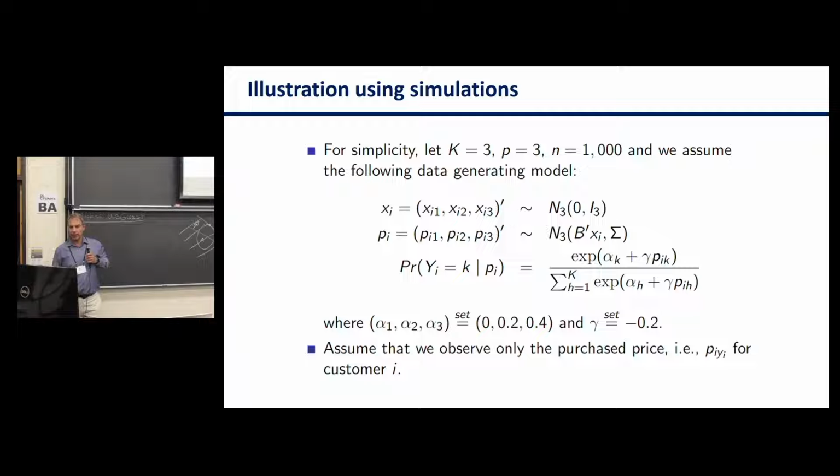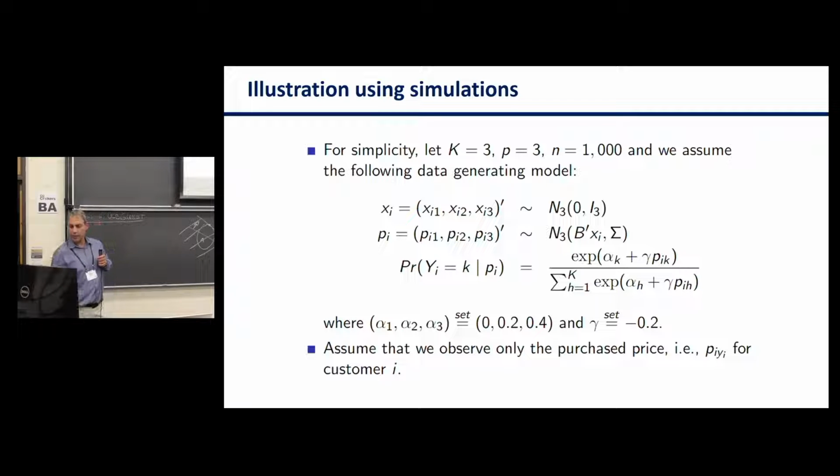And this is the example where the price is some function of attributes x_i.